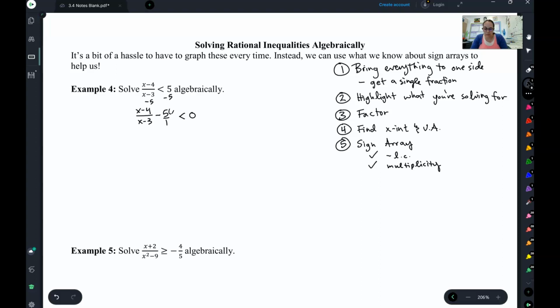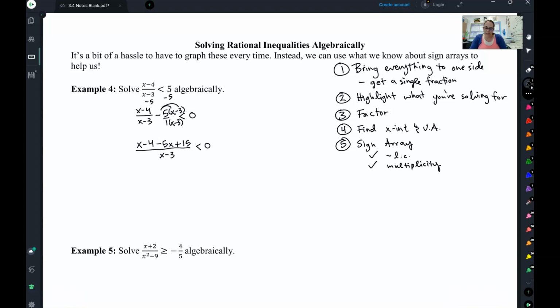So I'm going to times this 5 by x minus 3 on top and bottom. So then I've got this common denominator. So I have x minus 4. Distribute this negative 5 in to get negative 5x plus 15, all over my common denominator of x minus 3, and I still have less than 0.